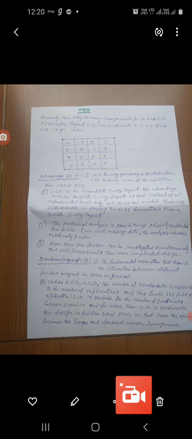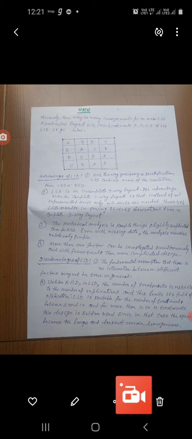Thus a 4 cross 4 LSD results in saving 64 minus 16, that is 48 observations over a complete three-way layout. This is the advantage of LSD: there is no need for more treatments and more observations.